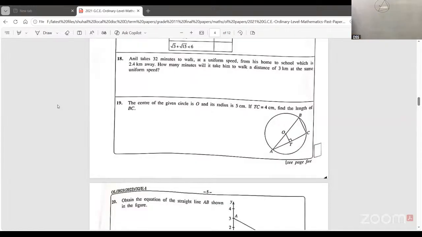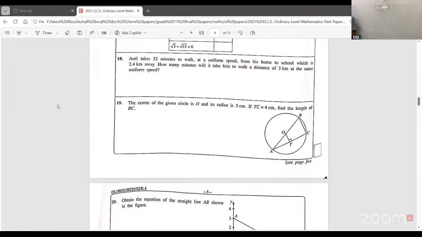And there is a line from O to T, and they have marked it as 90 degrees here.